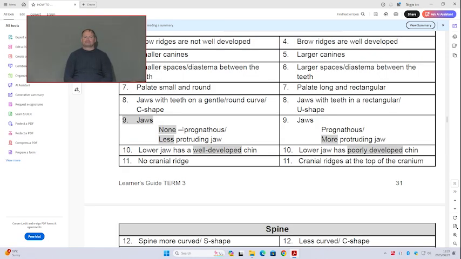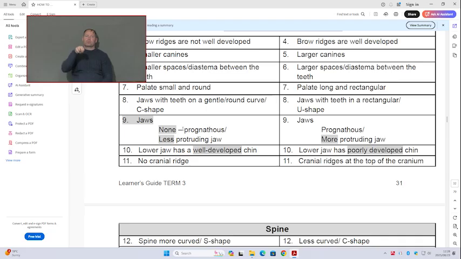Now, for prognathous, please be very careful on that one. It is none for modern humans. And then for other primates, it's prognathous. So please, you either use the word prognathous or protruding.